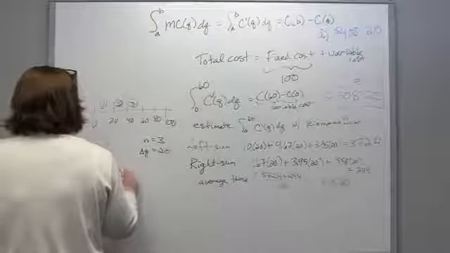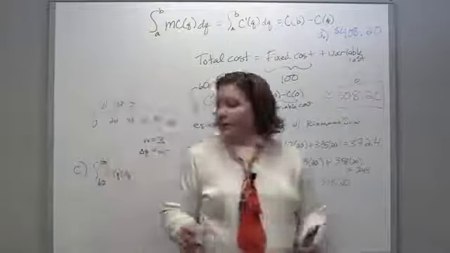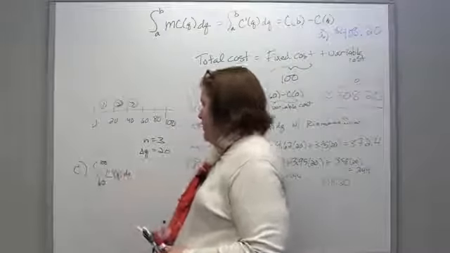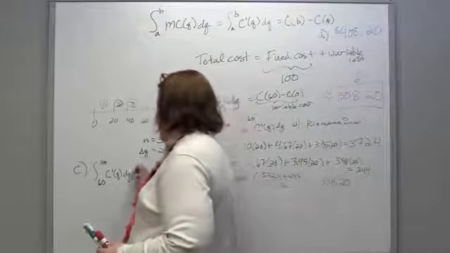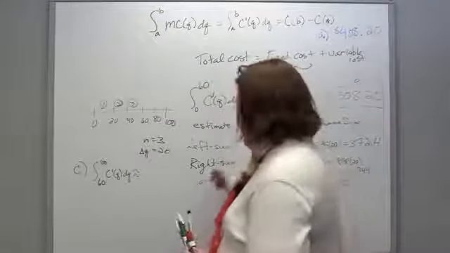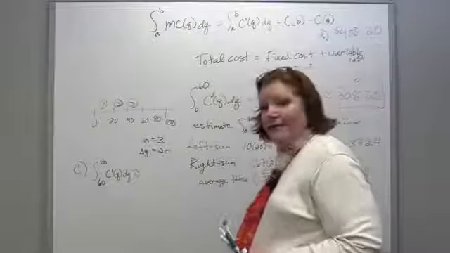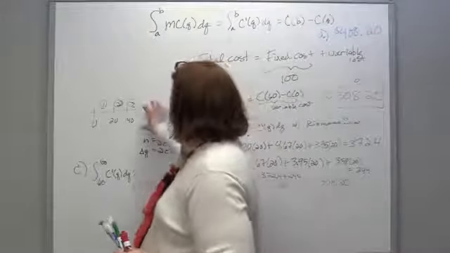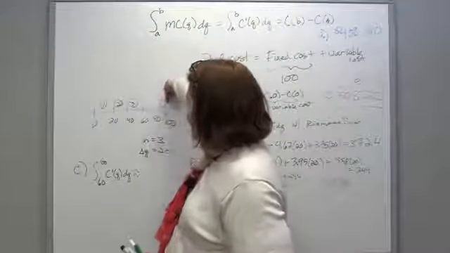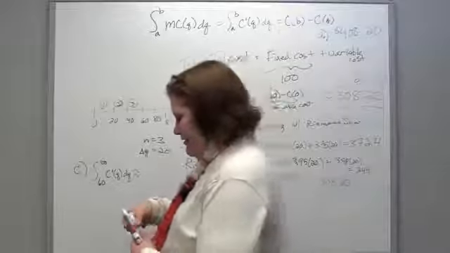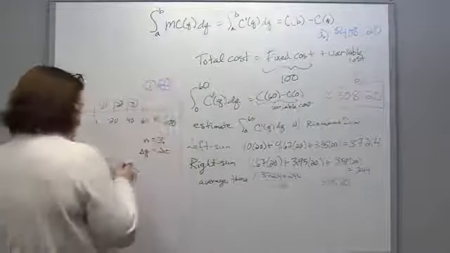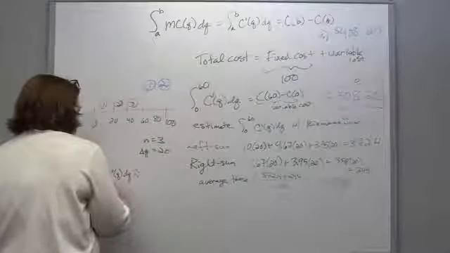And this for part C is, notation-wise, the integral of our marginal cost from 60 to 100. And so we're going to estimate this again with our left sums and our right sums. Again, we're looking from 60 to 100. And because of the data, I'll mark these differently. We have n equaling 2.